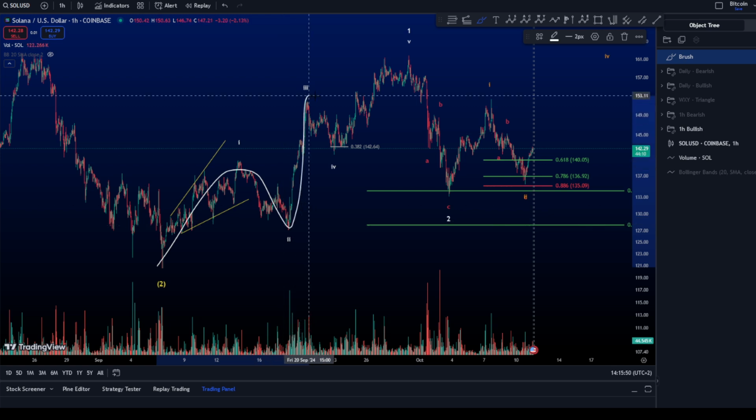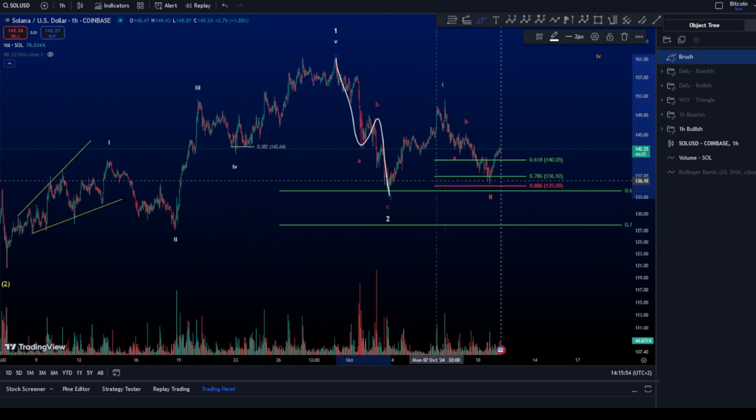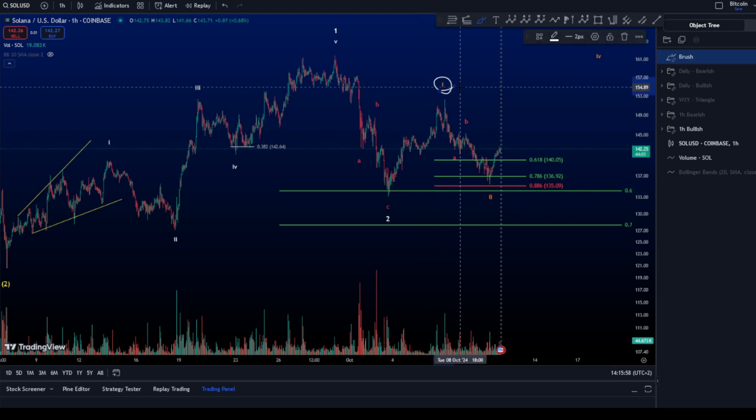So after having this massive impulse, we are looking here for A, B, and a C. And then we are looking for a diagonal as it was planned before. It was right.